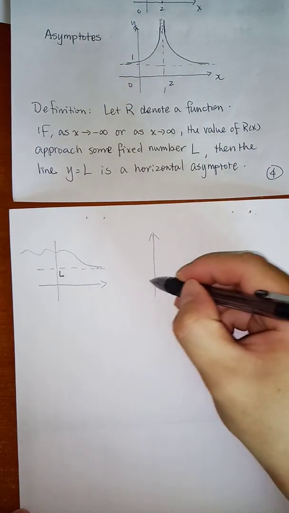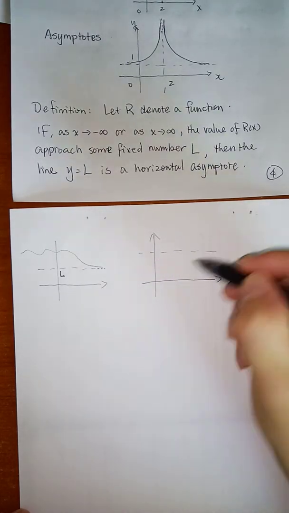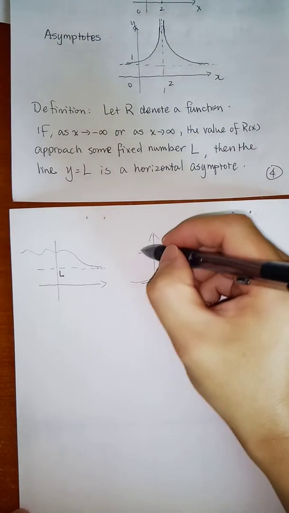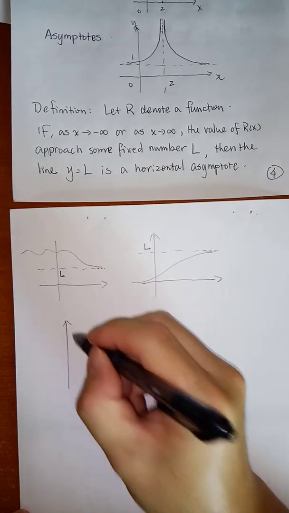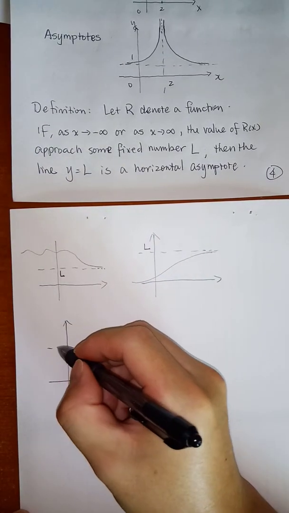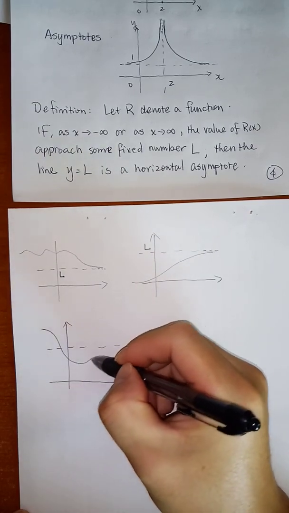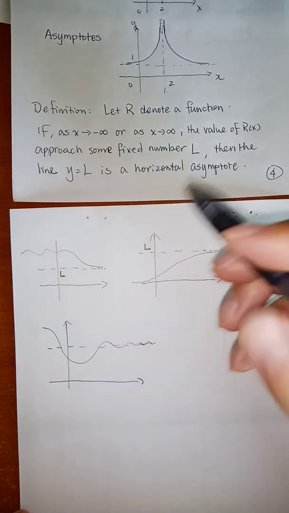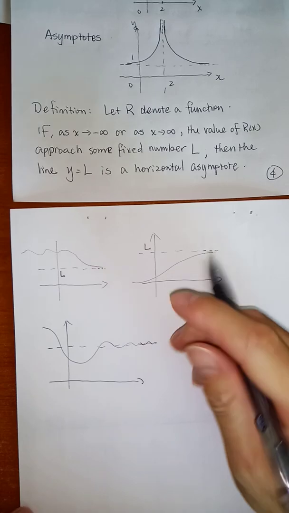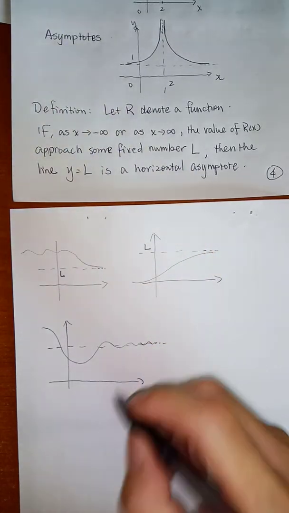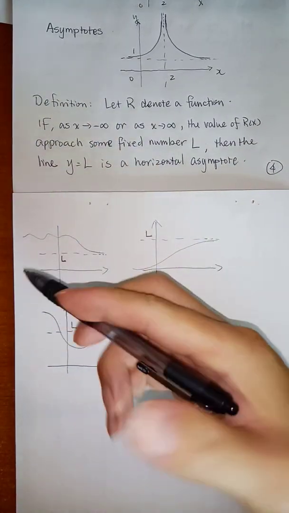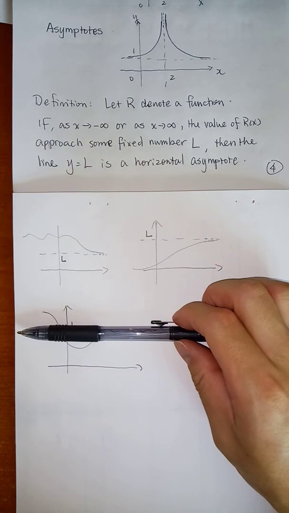It can also approach L from this direction. Or it can also approach L like this. So it's not always above or below. It's kind of like a wave, but closer and closer, narrower and narrower, and eventually to L. So either way, all three cases mean this horizontal line y equals L is a horizontal asymptote.